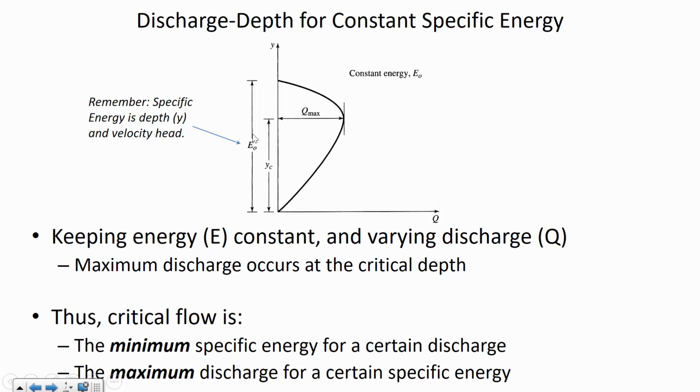Good. What is another way of expressing the velocity head instead of v squared divided by 2g? Good, good, good. Q squared divided by 2g A squared. Now, we use this term, Q squared divided by 2g A squared, when we don't know the velocity, but we may want to be solving for y.